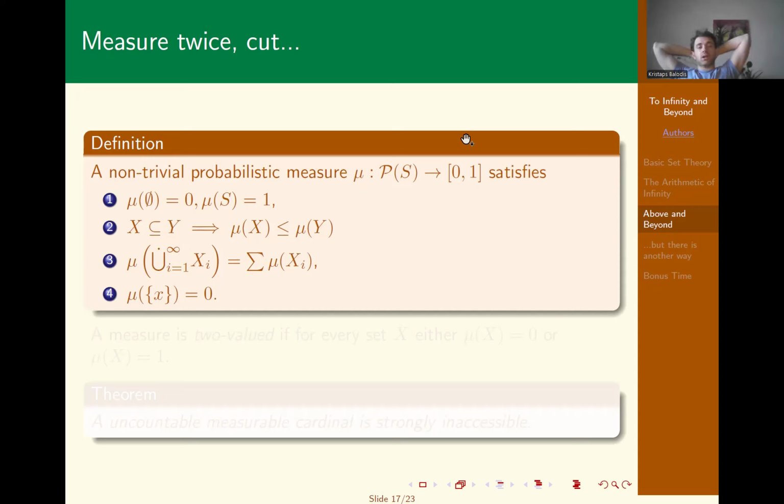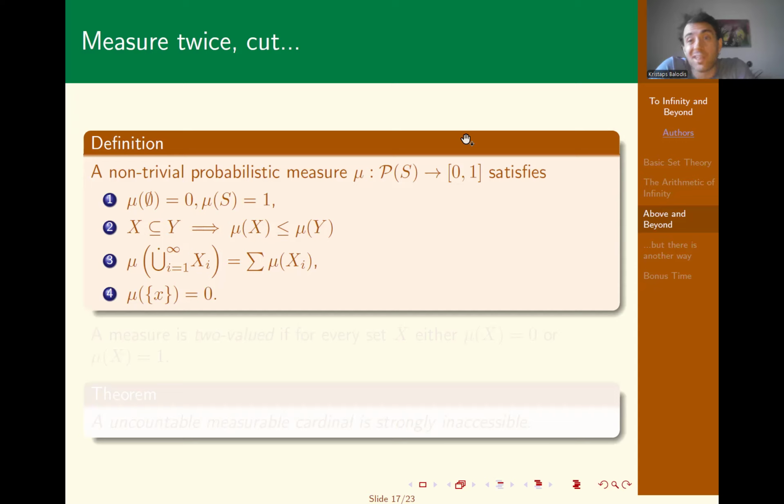The assumptions may be beyond what most people would talk about in terms of probabilistic measure. But it's going to be some function from the power set of a set S. So we just want to find a way of describing the size of subsets of some set S, but we want it to land in the closed interval [0, 1].